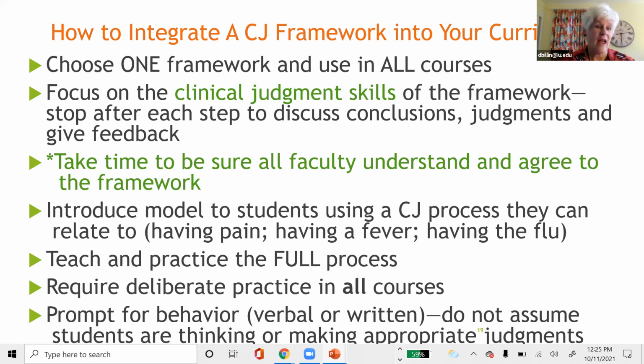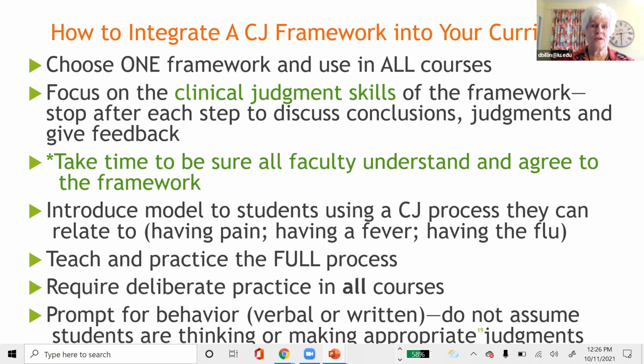Maybe you have new faculty you've never discussed this with. The other thing is, when we talked about clinical judgment back at the summit, we pointed out this is a program outcome for all of you. You may call it something different, and especially if you're in the process of revising your curriculum for the changes in the new Essentials document, this is the time to think about this in terms of your curriculum.